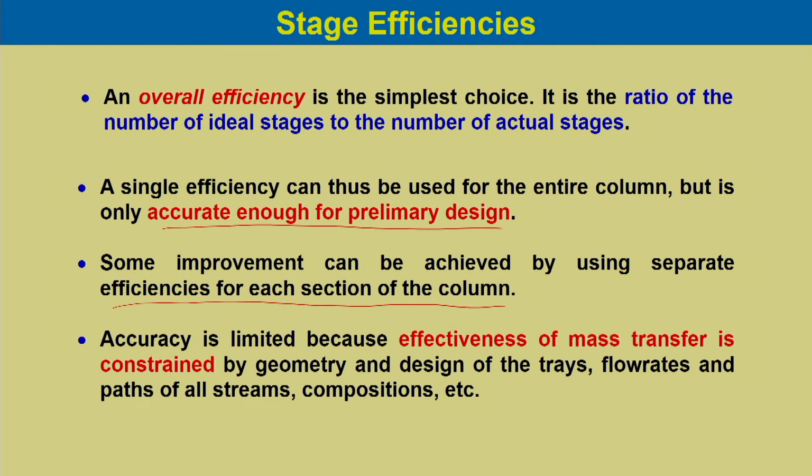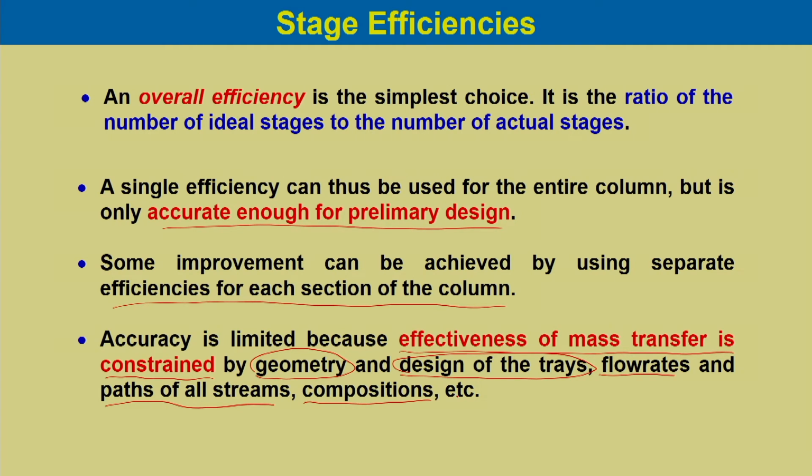Accuracy is limited because the effectiveness of mass transfer is constrained by the geometry and design of the tray, flow rates and paths of all streams, compositions and so on.